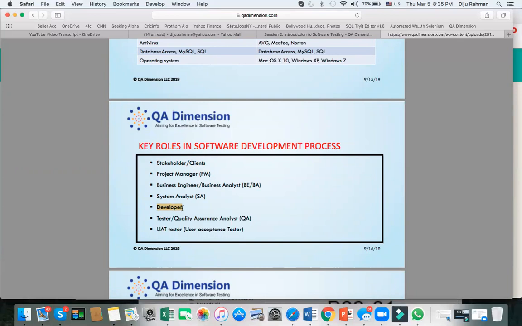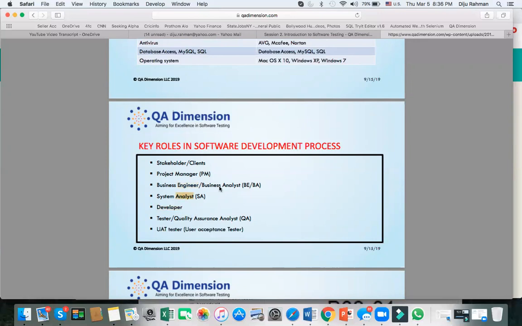Okay. The next is your role. Out of the 7 or 8 roles, our role is also crucial: tester or quality assurance analyst. This is where you will perform your job function. In many companies, the developer will build something based on whatever this guy and this guy provided.